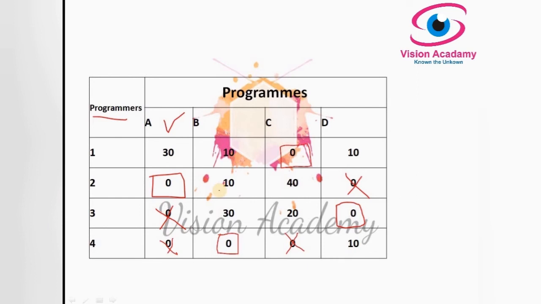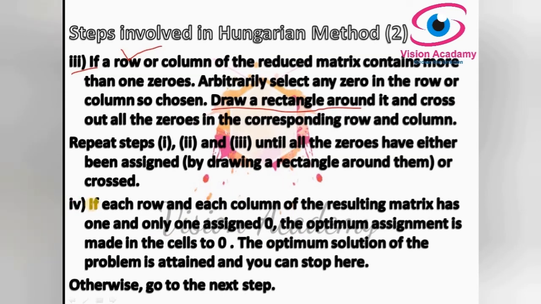Now you can see whether the optimal solution is obtained or not. This is the time to check whether it is an optimum solution. We have to check in the fourth sub step that if each row and each column of the resulting matrix has one and only one assigned 0, and that assigned 0 means a rectangle, the optimum assignment is obtained.